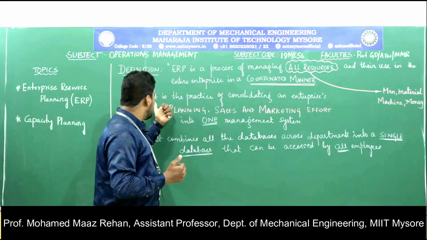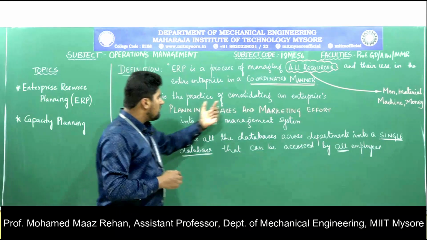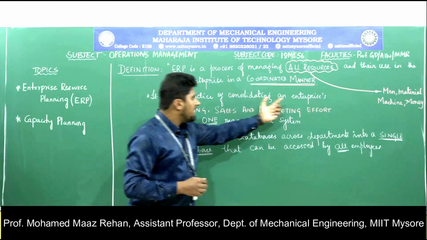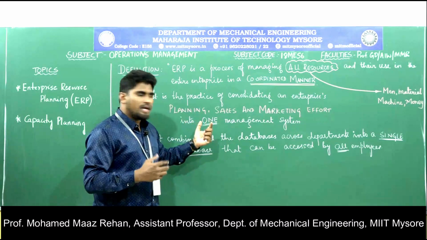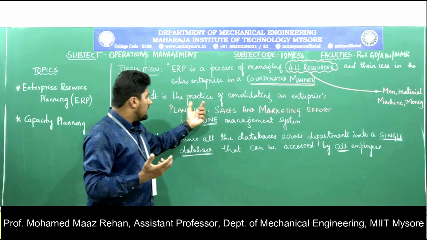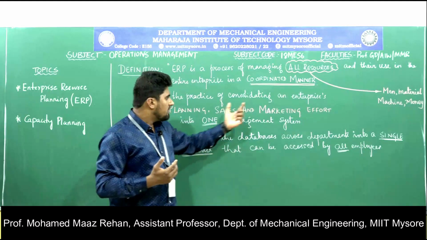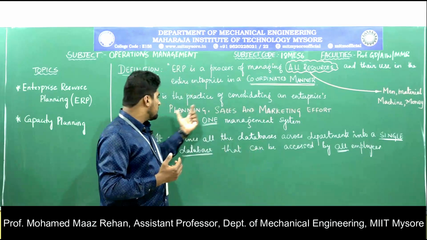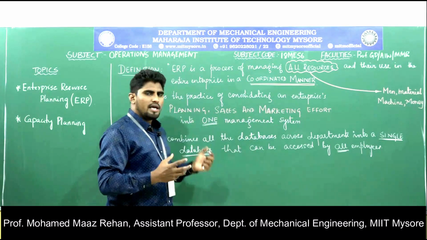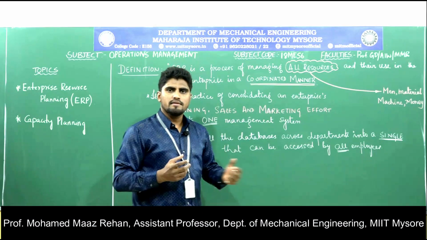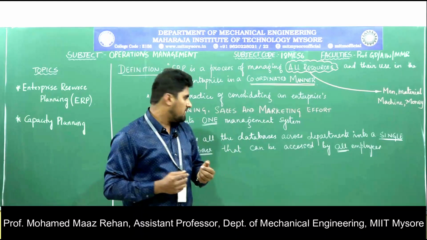Basically, it is the practice of consolidating an enterprise, that is planning. We have a planning section, a sales department, a marketing department. We are going to combine these efforts into one system, that is your ERP.